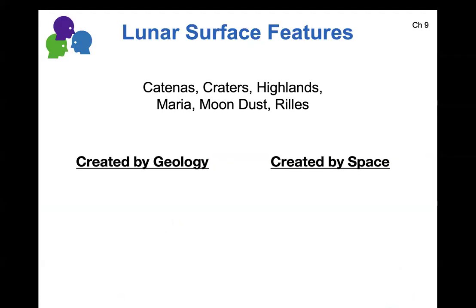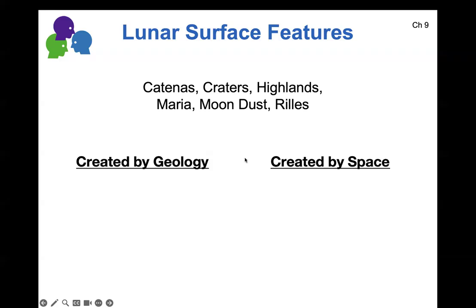So, talking about the moon. The lunar surface has a number of features with specific names. And those are the catenas, craters, the highlands, the maria, moon dust, and the rilles. Okay?